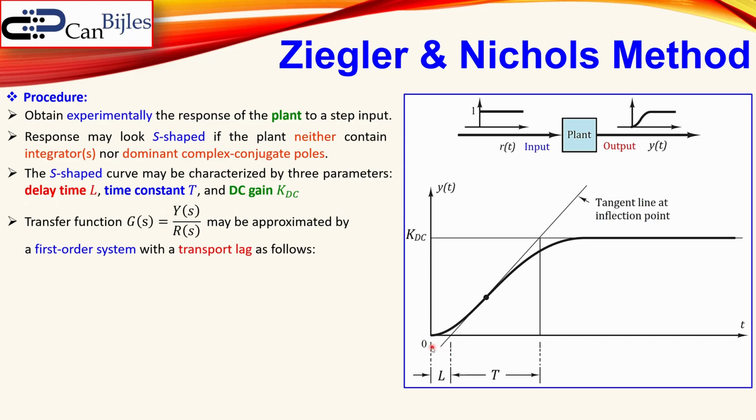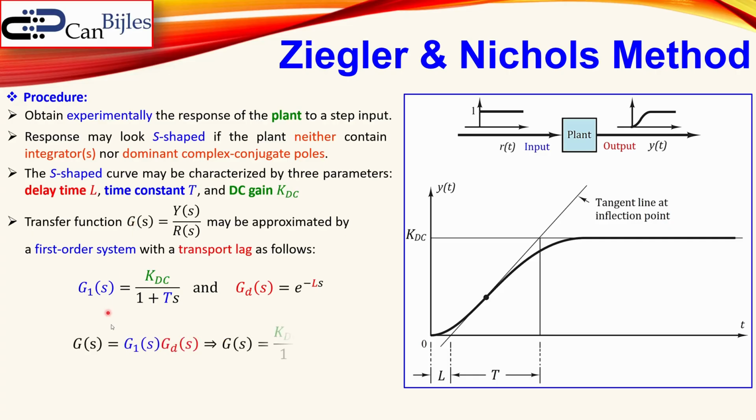In very simple form, you look at the first order system model, this one, G1, and GD is our model for the delay time or the transport lag. The total transfer function G is just the product of those two, G1 and GD, and that's shown here. You see also the three parameters again, KDC, T, and L. So this is the transfer function you can develop from this S-shaped measurement.